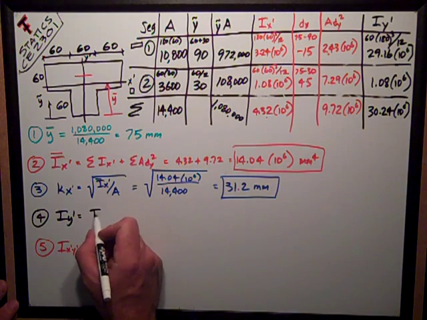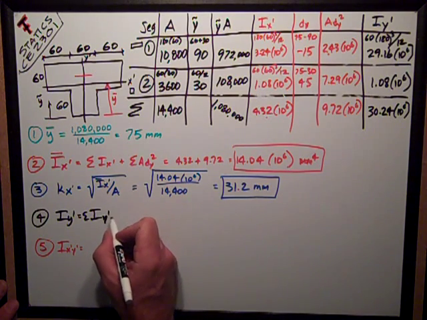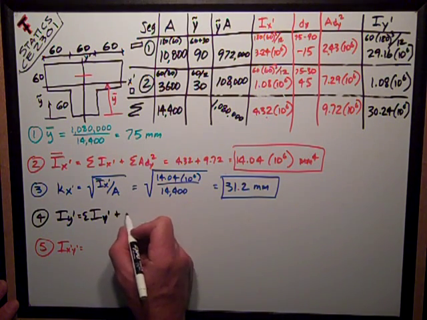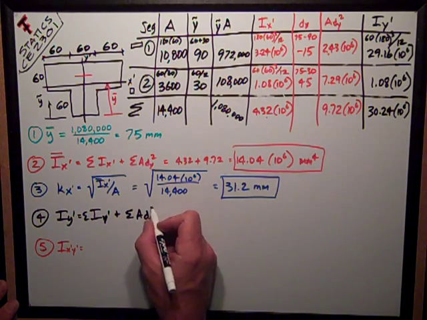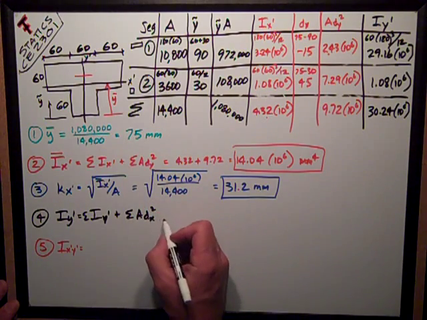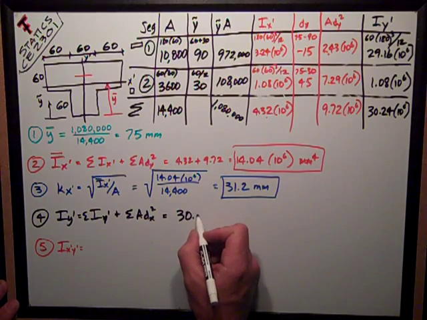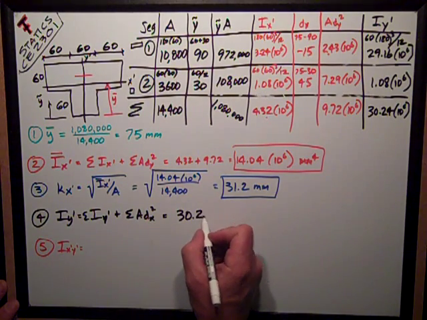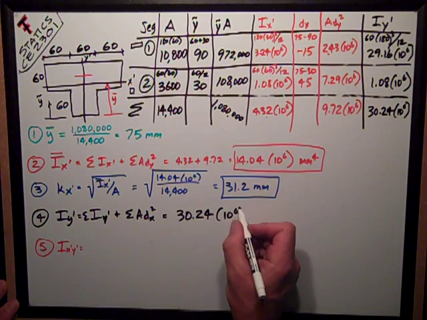So I could write that out. It's a sum of the Iy primes plus the sum of the A dx squared terms. Dx is 0 for both pieces, so it's just the sum of my Iy primes. 30.24 times 10 to the 6th.